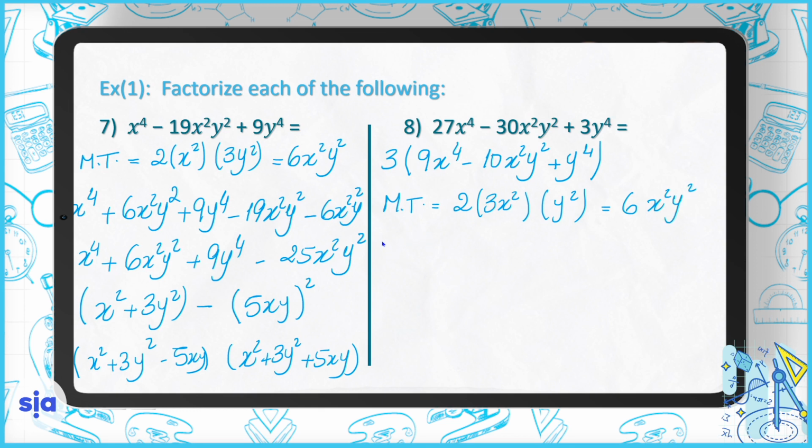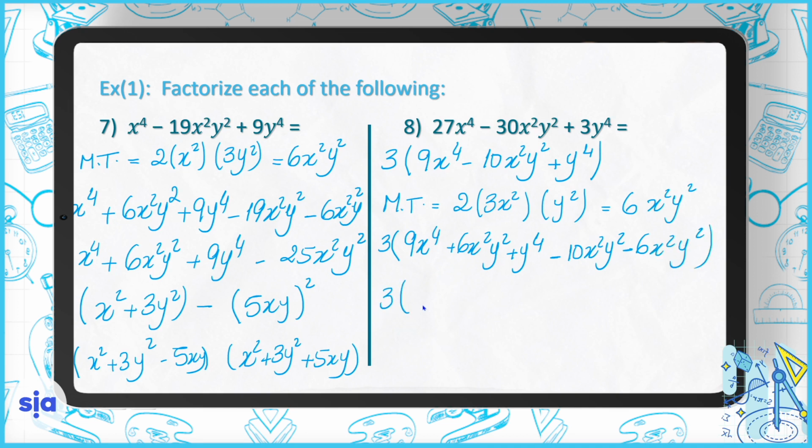After we find the middle term, let's go and add it. So it's 9x power 4 plus 6x squared y squared plus y power 4. Here is the minus 10x squared y squared minus the 6x squared y squared, which is the middle term.